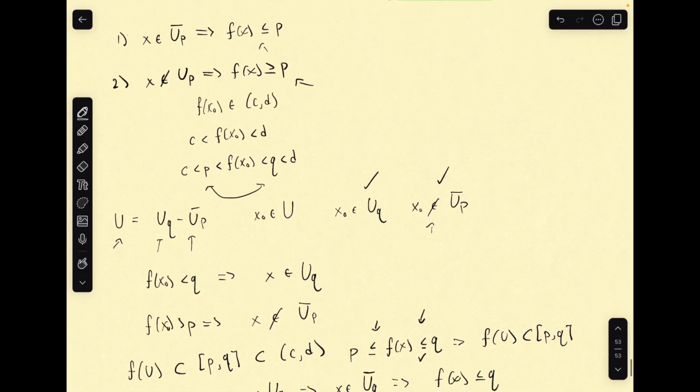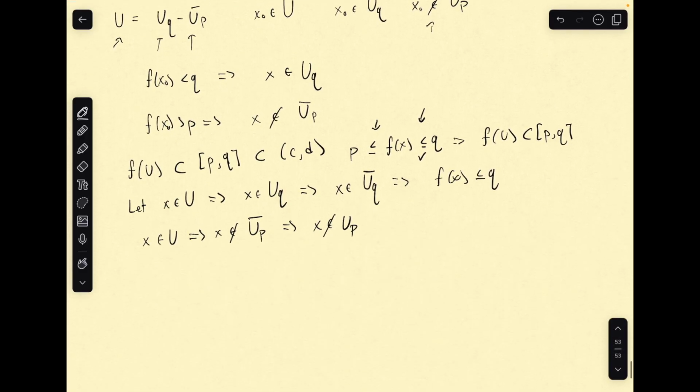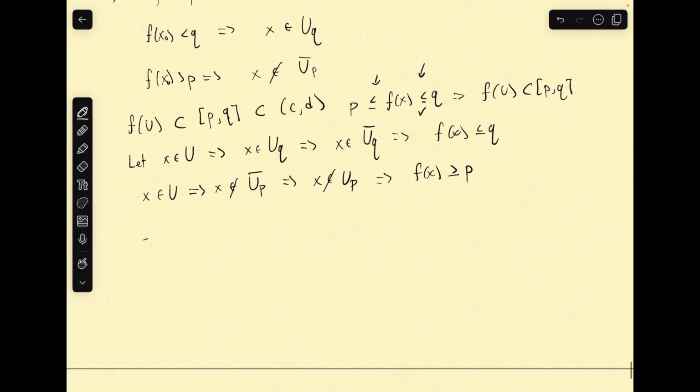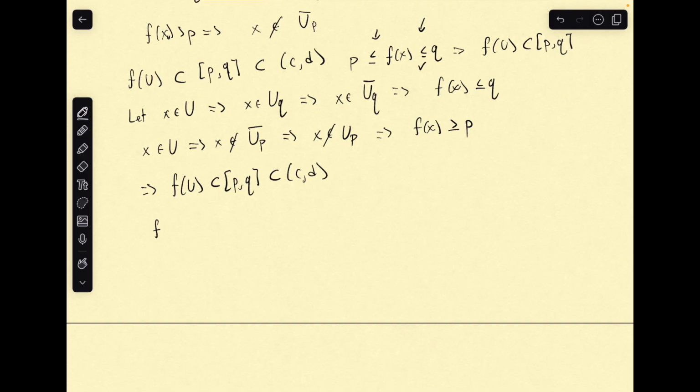And finally, this allows us to use number 2 and say that f of x is greater than or equal to p. Thus, we have that the image of u is contained in the closed interval from p to q, which is contained in the open interval from c to d, and f is continuous. So we're done.